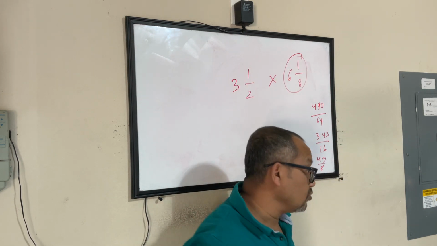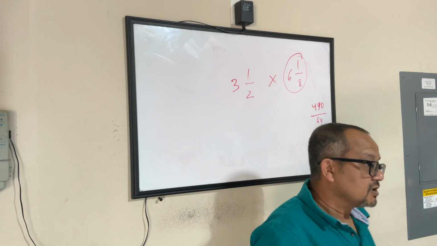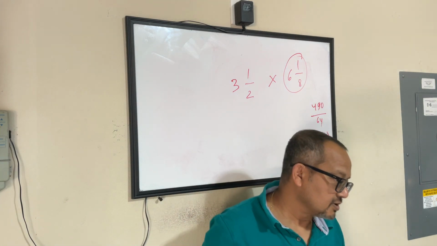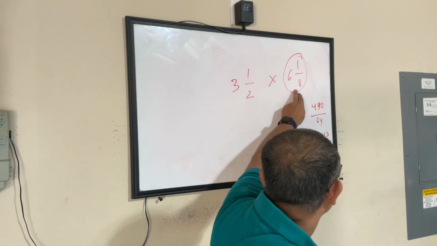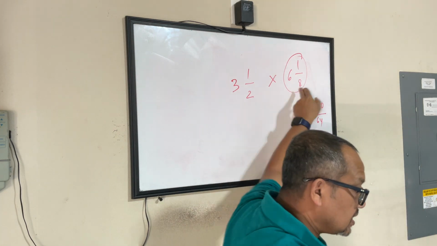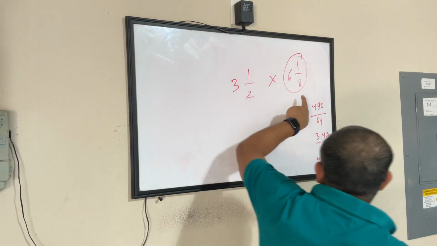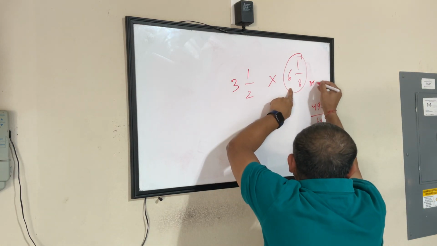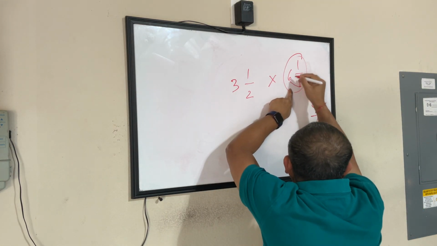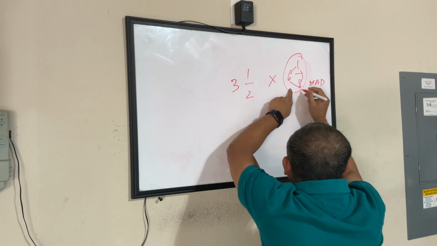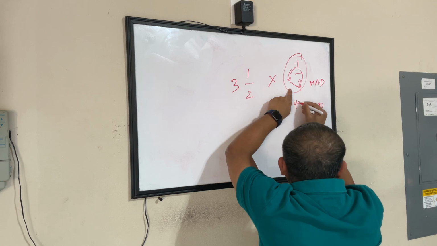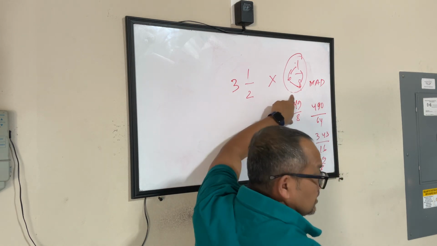Do it now. 49 by 6? No, it will be 49 by 8. This is a mixed number, meaning first you multiply, then add, and then put the denominator. So multiplying 8 by 6 is 48, plus 1, 49. 49 by 8. This is the one you got.